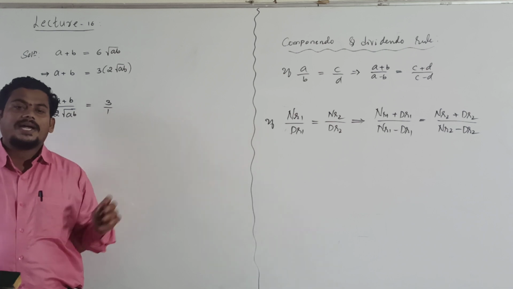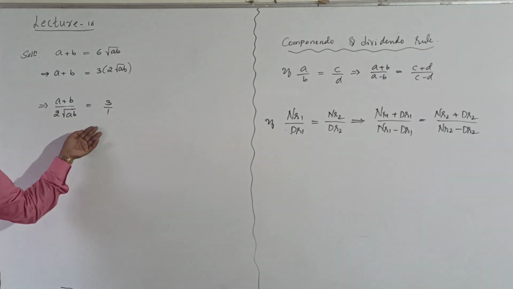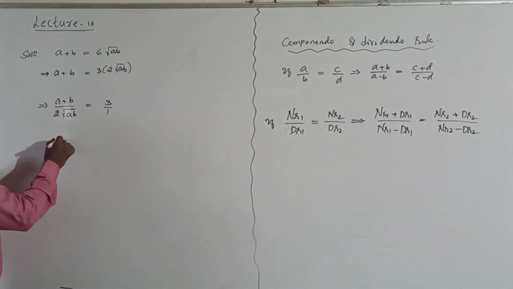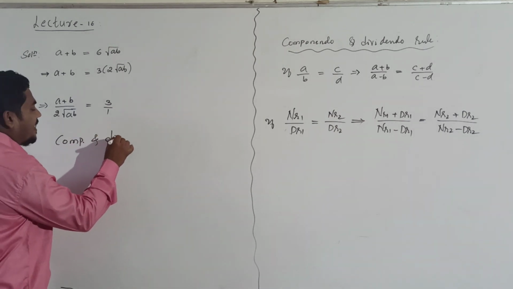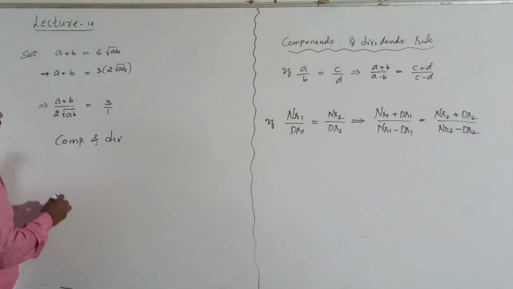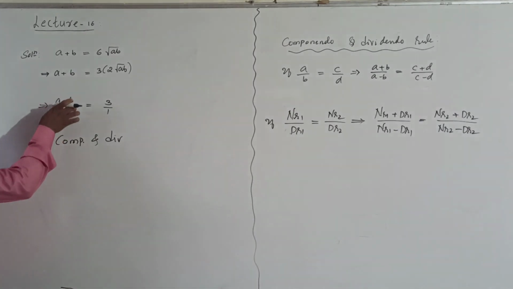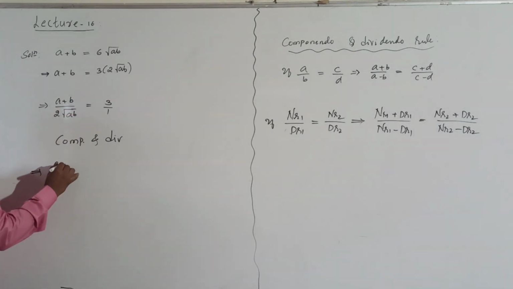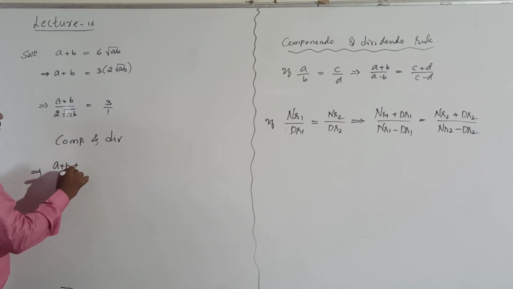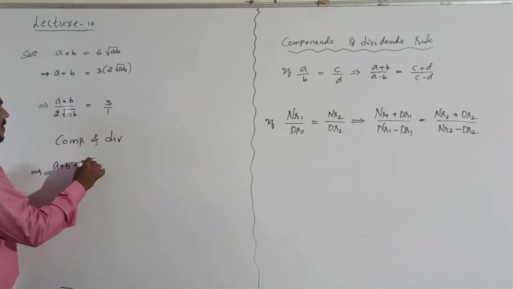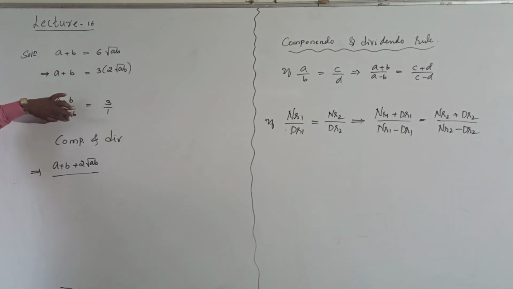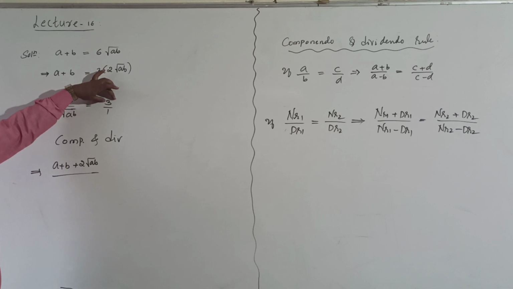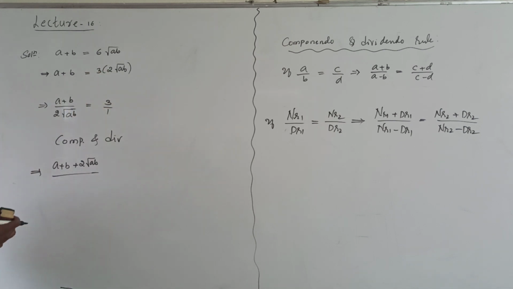Here apply the componendo and dividendo rule. Numerator plus denominator: numerator is a plus b plus denominator 2 times square root of ab, divided by numerator 1 divided by denominator 1 is equal to numerator 2 divided by denominator 2.